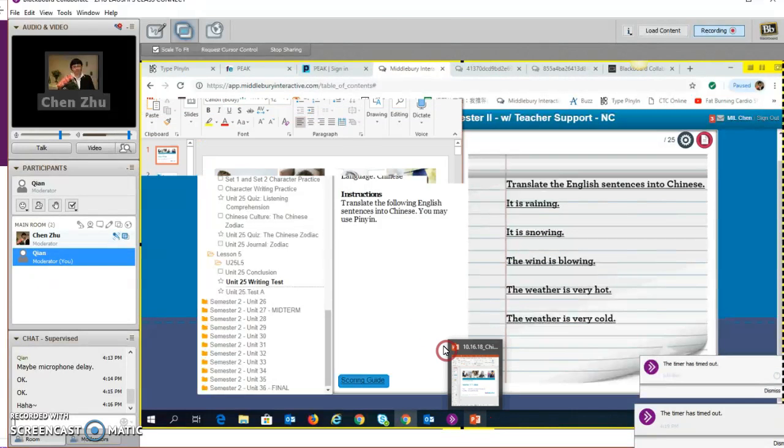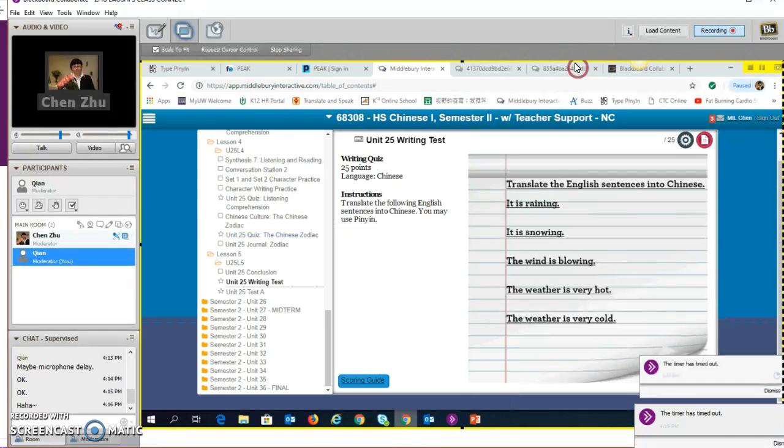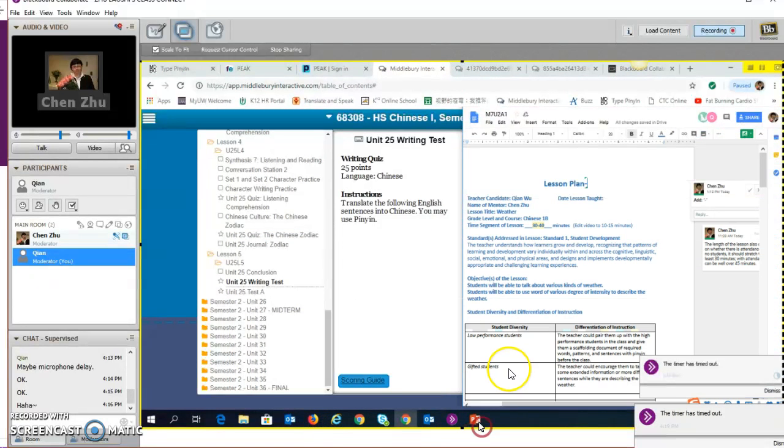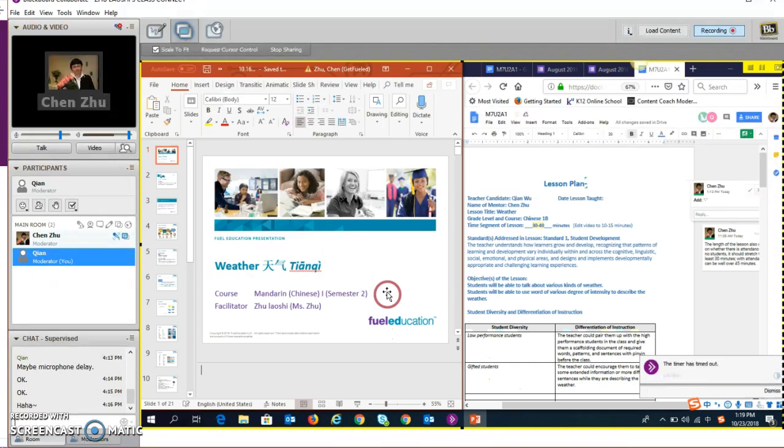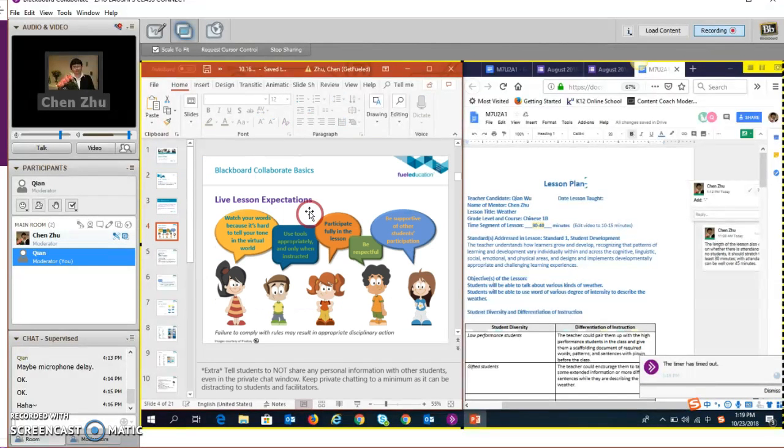And now let's look at the PowerPoint of this session. First, the live session expectation asks students to participate fully in the lesson and be supportive of other students' participation and be respectful.